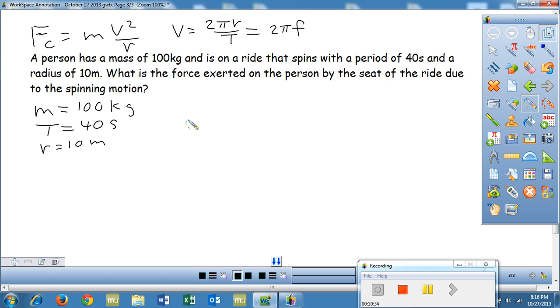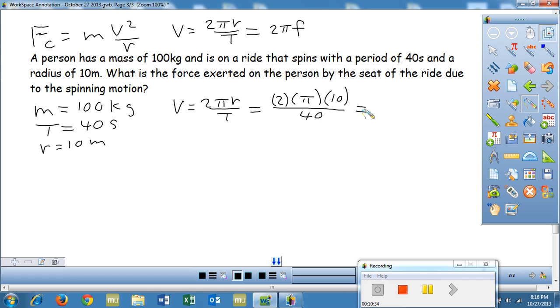Well, we know that F c equals mv squared over r, but we need v first. V is 2 pi r over T. So let's find v. V equals 2 pi r over T. That's going to be 2 times pi times 10 divided by 40.